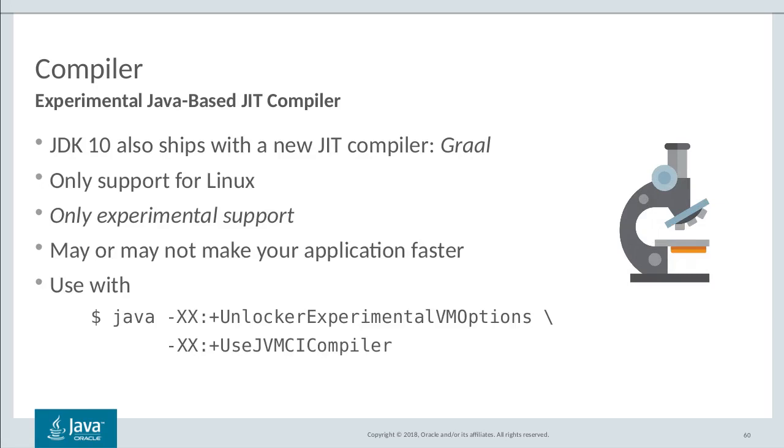Graal only has support on Linux for now and is only experimental support, which means that Graal may or may not make your application go faster compared to using C2. But if you want to try out Graal, you can do so by running java -XX:+UnlockExperimentalVMOptions -XX:+UseJVMCICompiler.